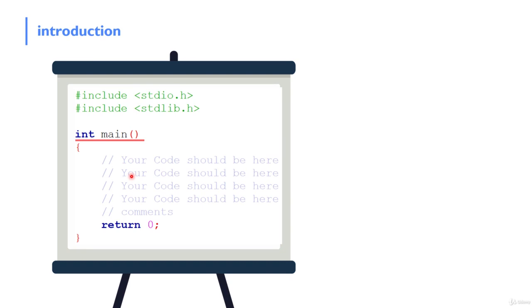Alright, so also we have these two lines, include stdio and include stdlib. And what they do is that they simply allow you to include different functionalities into your program. For example, stdio stands for standard input-output, and basically for now it just gives us all the necessary functionality to work with inputs, such as reading information from the keyboard, and also to work with outputs, such as displaying different things on the screen.